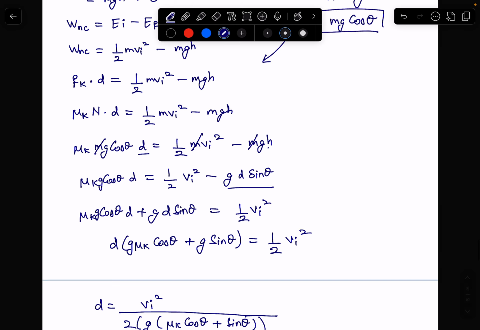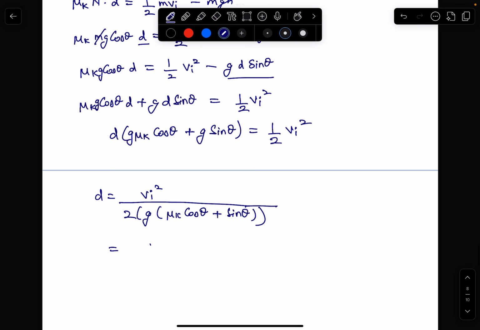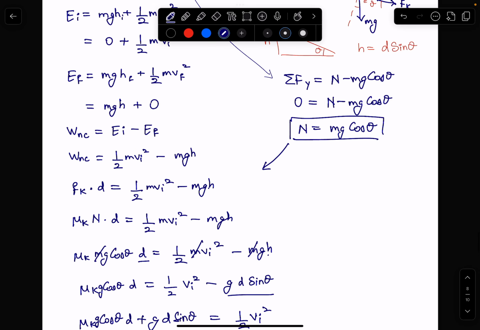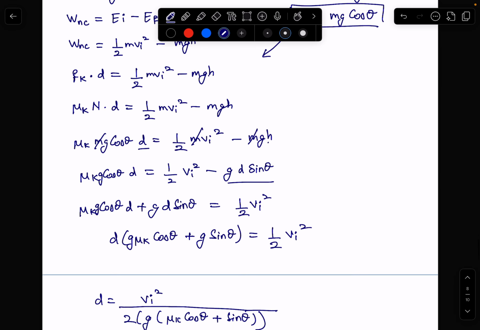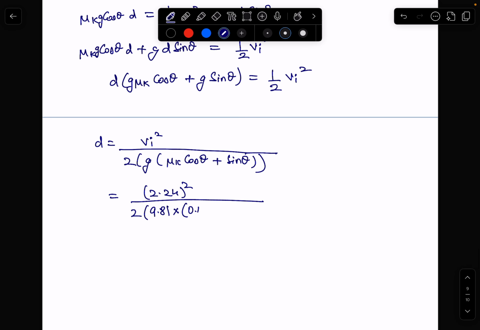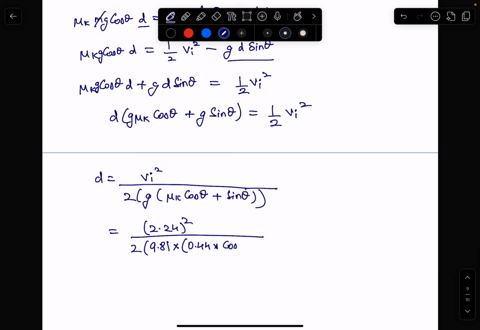Substituting the values, so speed is 2.24 squared, over 2 times 9.81 times the coefficient of kinetic friction, 0.44, times cosine of the angle, which is 18.4.